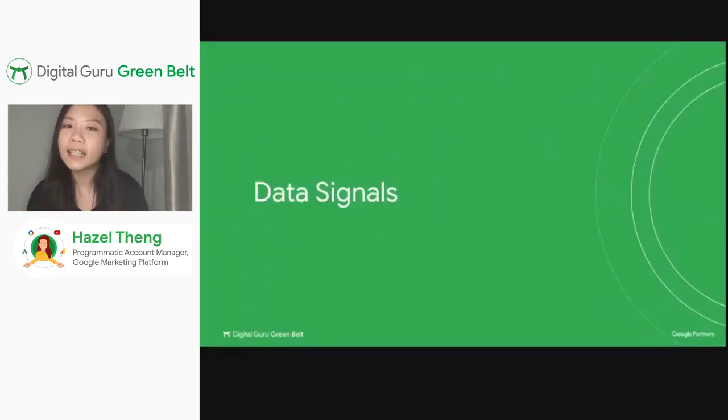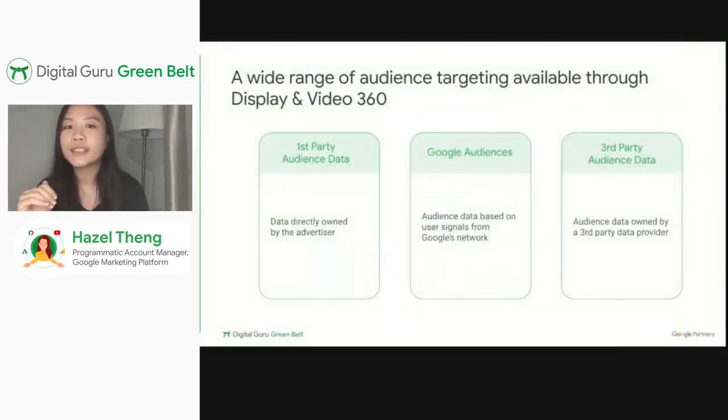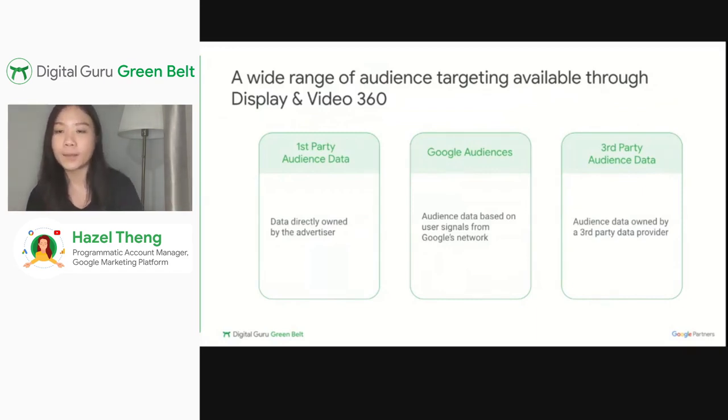Before we look at understanding who your target audiences are, let's get to know the different types of audience targeting available for you on DV360. First up, we need to understand the wide range of audience targeting types available through DV360. This really ranges from your first-party audiences and Google audiences to third-party audiences.